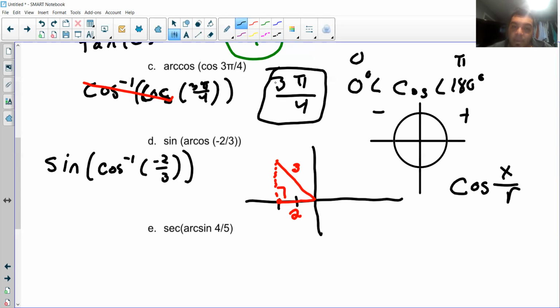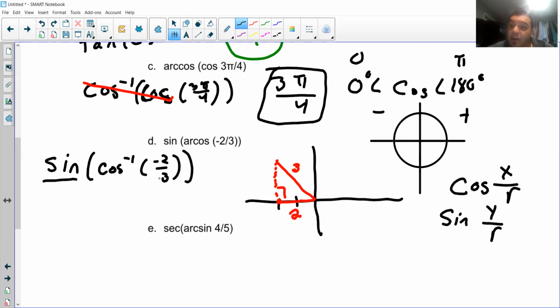If I look at sine, I know sine is usually opposite over hypotenuse, or you could think of sine as y over r. Now for sine, we need a y value in order to do that.